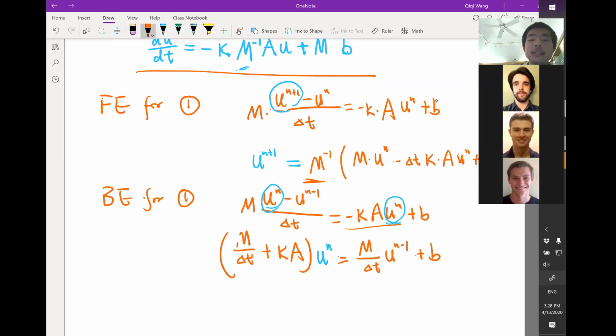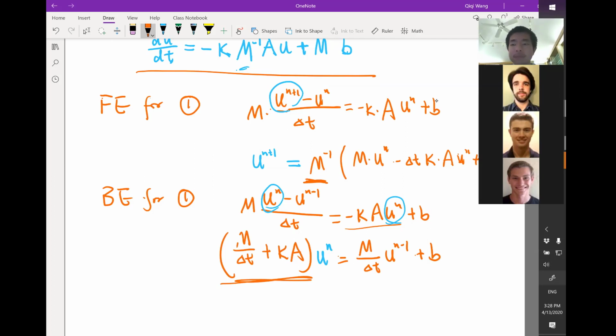So instead of inverting the M matrix, you invert this matrix. Essentially the cost is going to be similar, and you gain the advantage of implicit integration. This is something a little bit unique for the finite element method for discretizing partial differential equations.